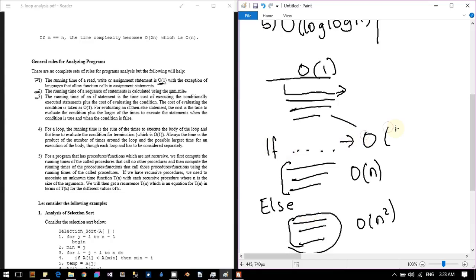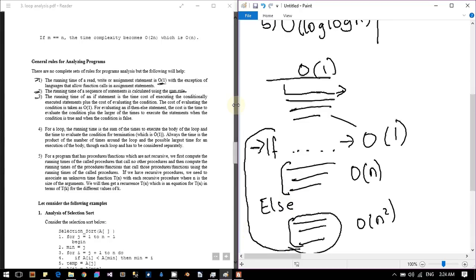Order 1. Remember, the cost of evaluating an if statement is order 1. Then you add it to the cost of evaluating what is inside. So in an if-else statement, you choose the larger branch and add it. So this whole if statement is of order n square.